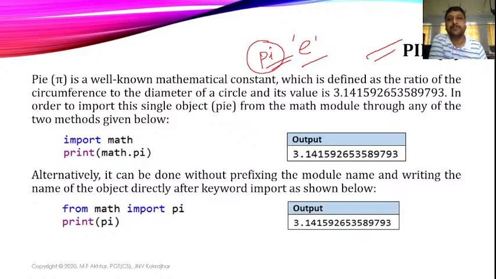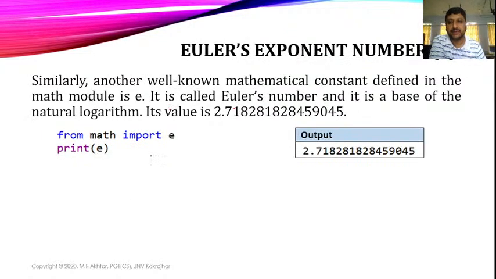If we want to use these constants, we need to import the math module and then use them with the module name, like math.pi, math.e. If you are importing the math module objects using the from command, then you need not write any module name before using any function or variable.